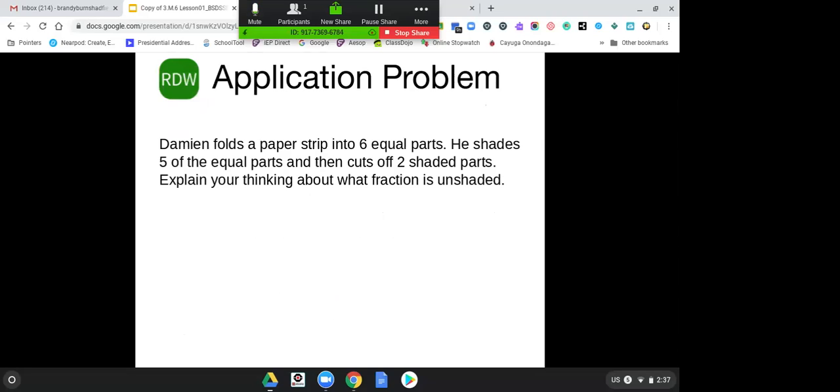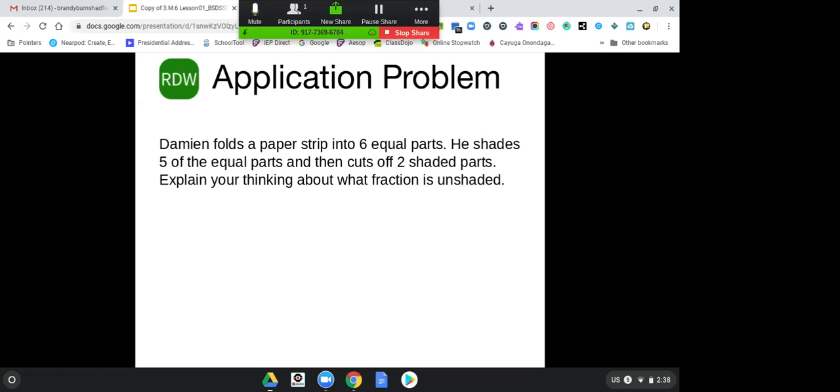Application problem. Again, you can pause this for a minute and get your application notebook out that was sent home. Damien folds a paper strip into 6 equal parts. He shades 5 of the equal parts and then cuts off 2 shaded parts. Explain your thinking about what fraction is unshaded.